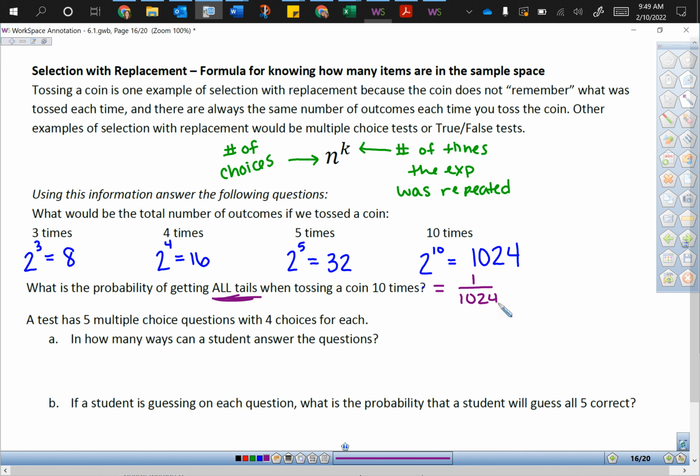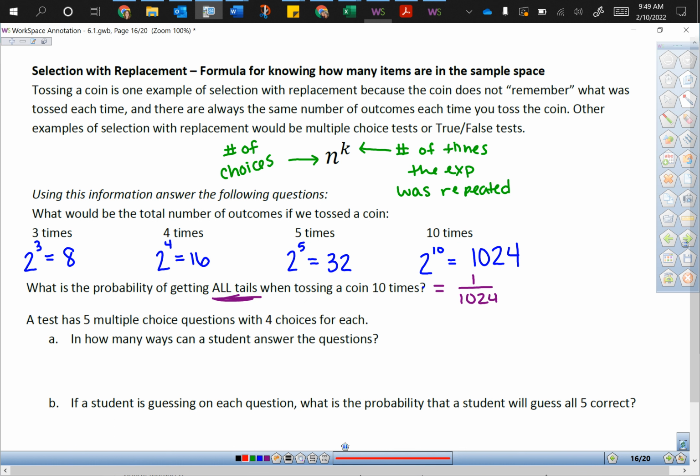It's almost impossible. Now, a test has 5 multiple choice questions with 4 choices each. In how many ways can a student answer the questions? So, to figure that out, we want the number of ways that it can happen. Oh, nope, sorry. We want to use this guy right here. I was looking at the wrong one. And how many ways can a student answer the questions?